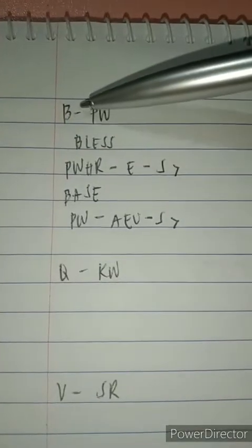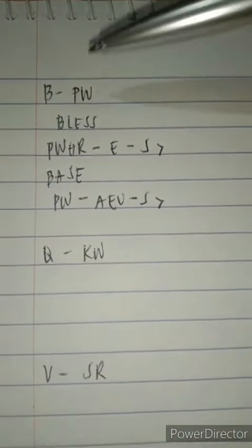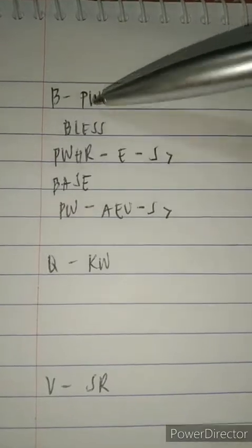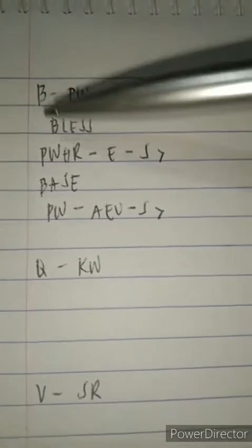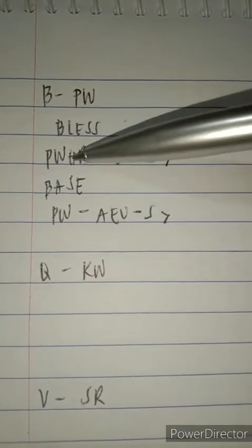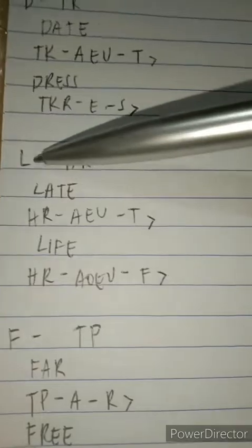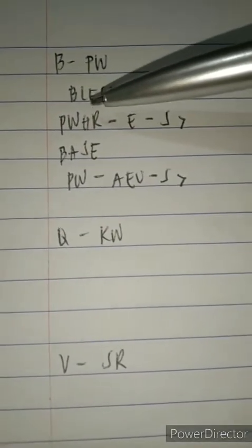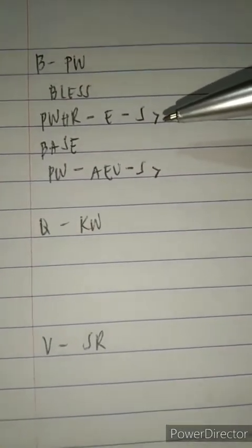So next, letter B. B is represented by P and W. So the first example is bless. So PW for B and HR for L. Remember that L is represented by HR. So we put the HR, and then short E, and then S, and then release.